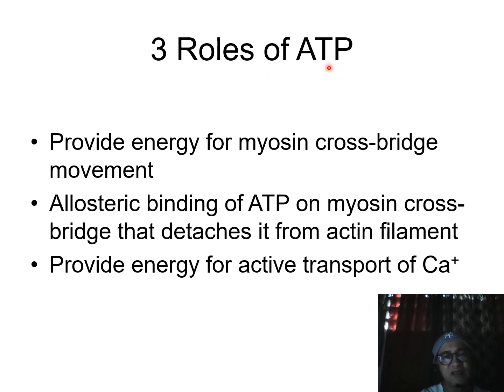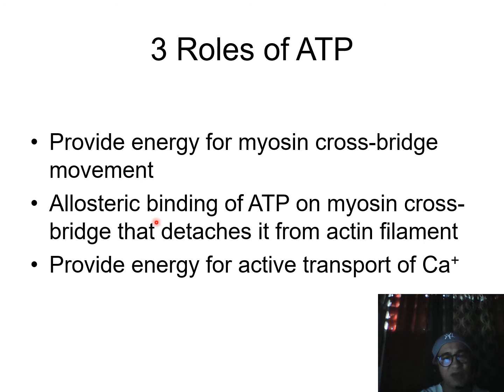So as we have seen here, in muscle contraction, ATP has a critical role. And we can cite here three roles for ATP. One is that ATP provides energy for the myosin cross-bridge cycling or movement.